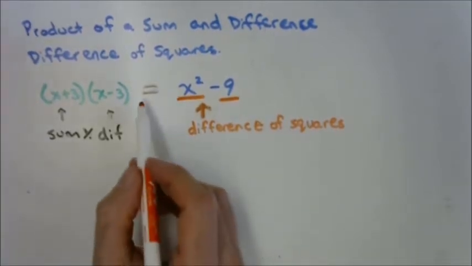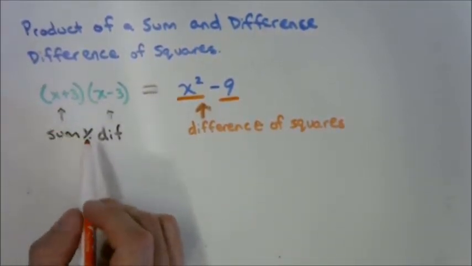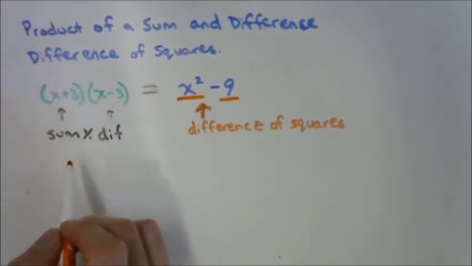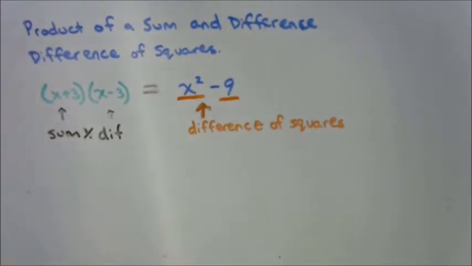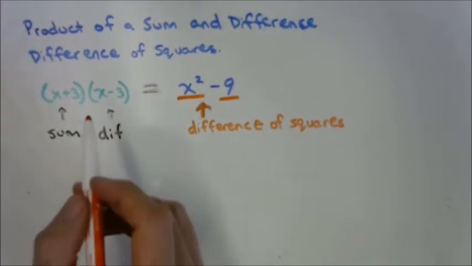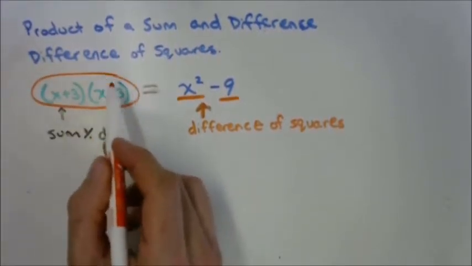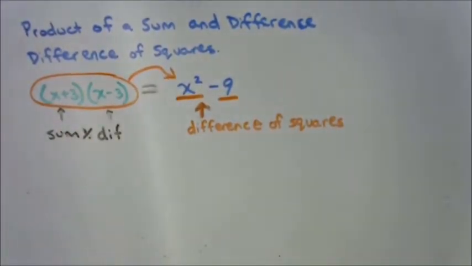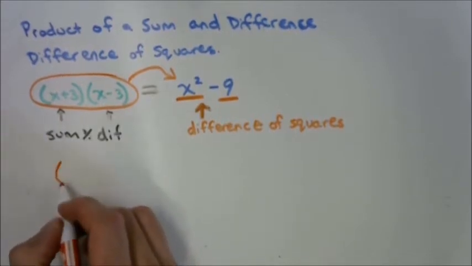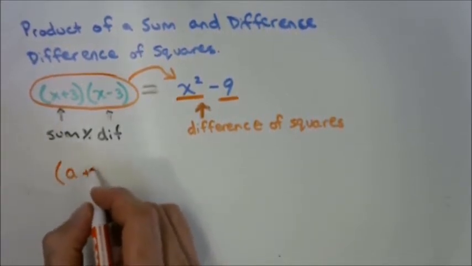So the difference of squares is equal to the product of a sum and a difference. To find the product of the sum and the difference of two terms, so to simplify this to this, here's what you do. You find the product of the first terms and the product of the second terms. I'm going to generalize it. This goes under your rule column.